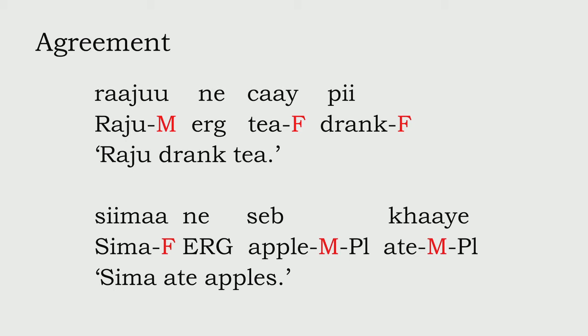Remember, seb is the type of noun in Hindi which does not end with a long vowel a. Therefore, if we know this noun is masculine, then we know that it is not going to change its shape, its form.